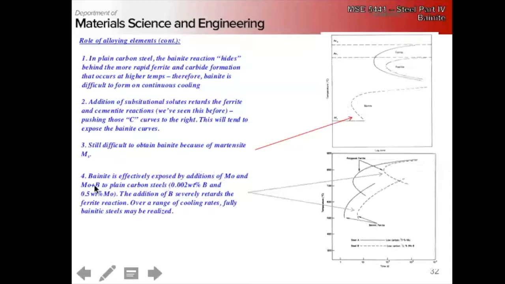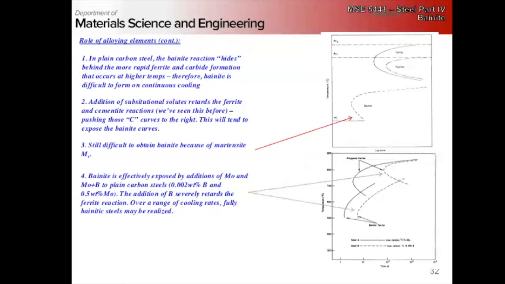with molybdenum and boron, right? Remember, boron is going to retard the ferrite reaction, oddly enough, by giving us a grain boundary layer of ferrite that makes it difficult to nucleate pearlite, right?